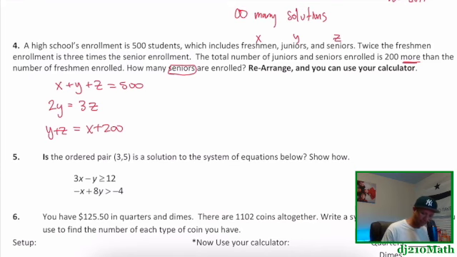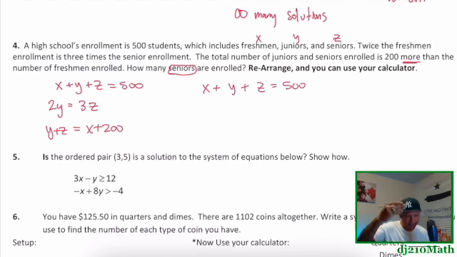So far, x plus y plus z equals 500. Another tip is that all your x's have to be aligned. All your y's have to be aligned, and all your z's have to be in a column. If you're missing a variable, then that's going to be a 0. Because right now we're building a matrix, if you haven't already put it together. We're going to have to build a matrix.